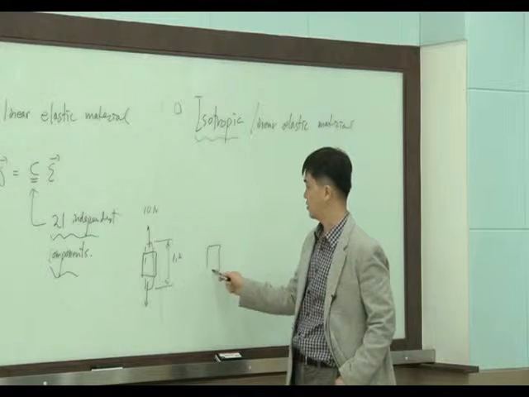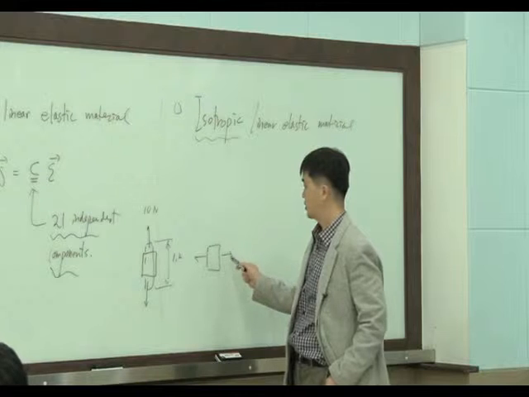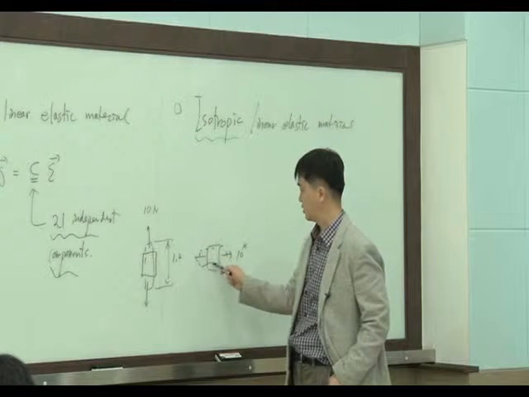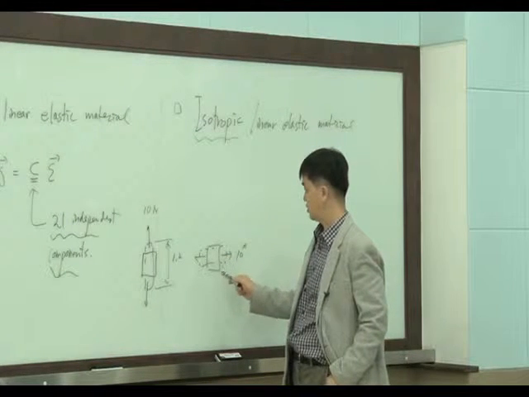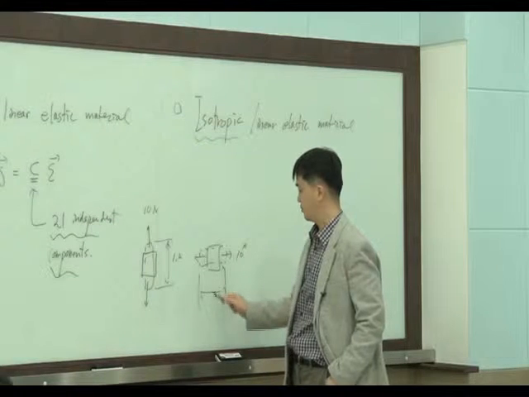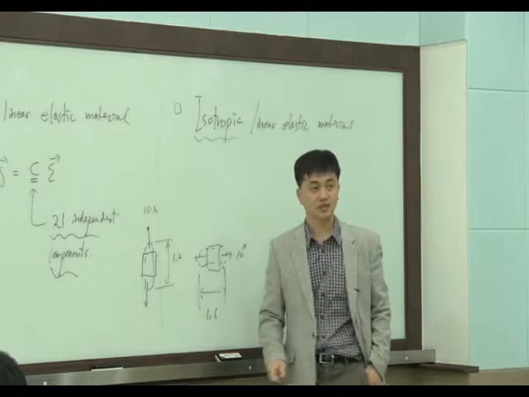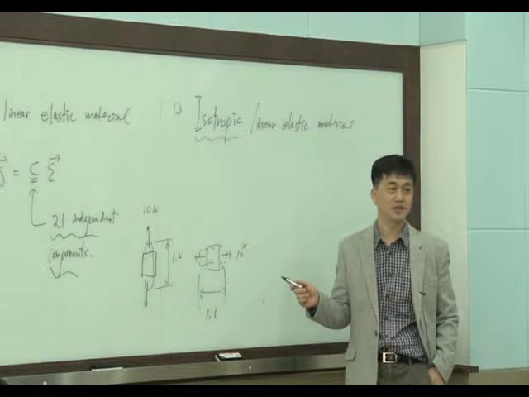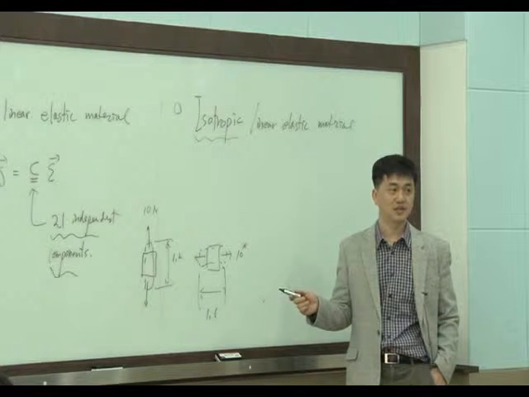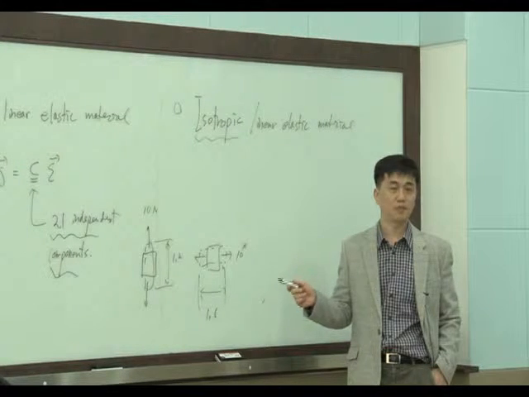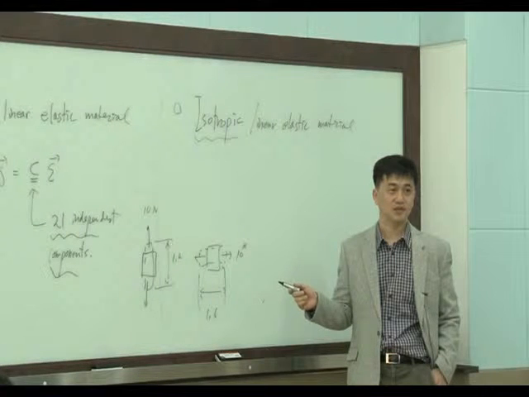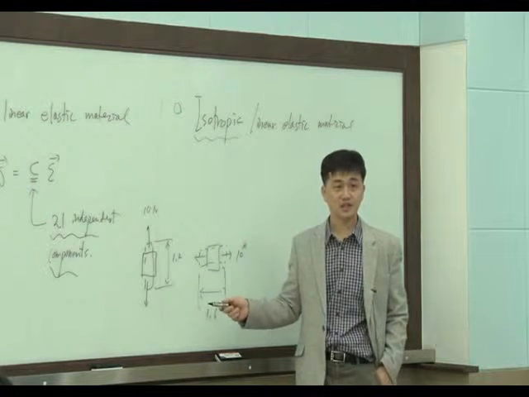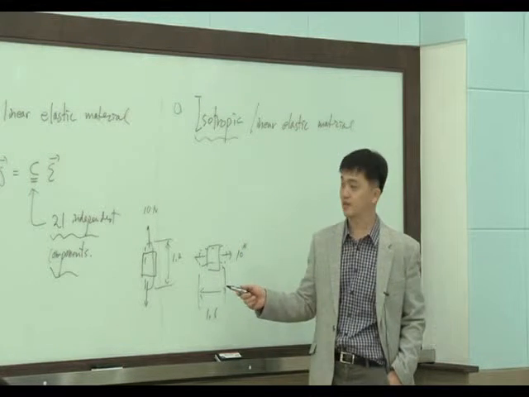With the same material, I give 10 Newton in the other direction, and the length also changes. The length becomes 1.6. So the material behavior is different depending on the direction, right? This is the general case. In this case, we say the material is not isotropic.